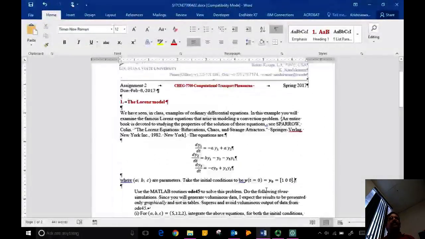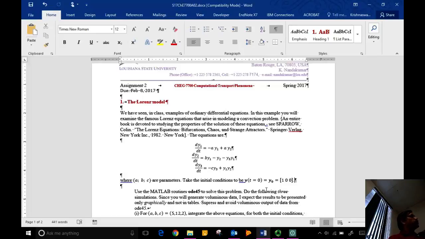Okay, so the second assignment is about two types of problems, one we talked about, one we are going to talk about today. That is ordinary differential equations of the initial value type and boundary value type. And this is a very famous model that was derived from the Navier-Stokes equation, a fluid mechanical problem, convection in the atmosphere.